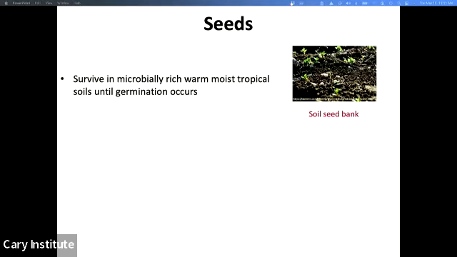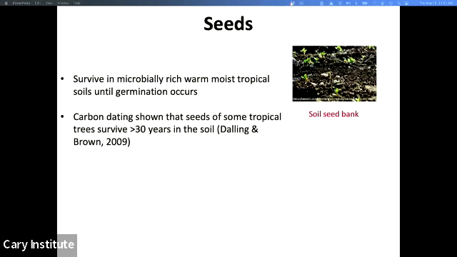And while there, they survive in environments that are not only microbially rich, but also have a lot of variation in the physical environment. You name it, in the tropics: wet season, dry season, so on and so forth. And what is remarkable is that some of those seeds can be persistent for a long, long time.